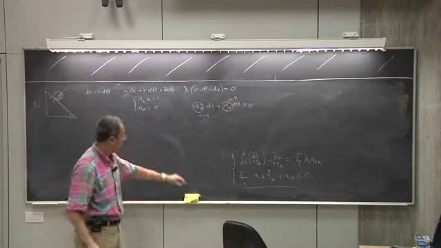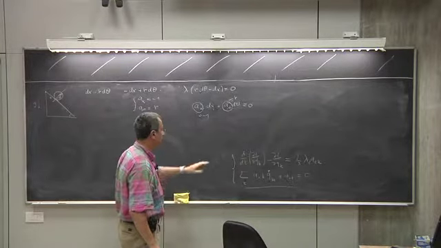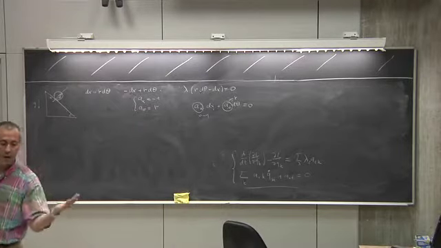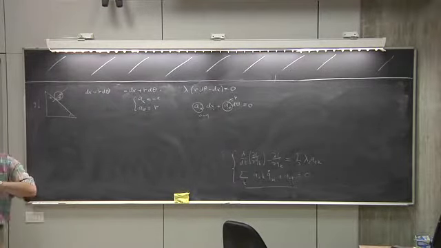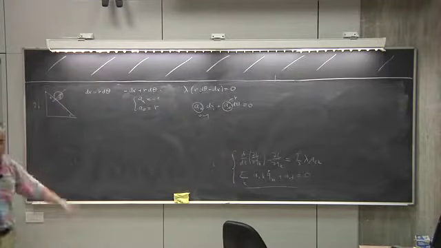It is the case if your constraint depends explicitly on time, like if you put something on something that is rotating, so that at different instants of time you get different positions. But here there is no explicit dependence on time. The constraint is always the same, so I don't have that.